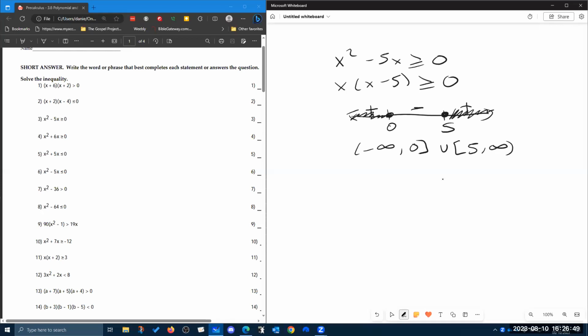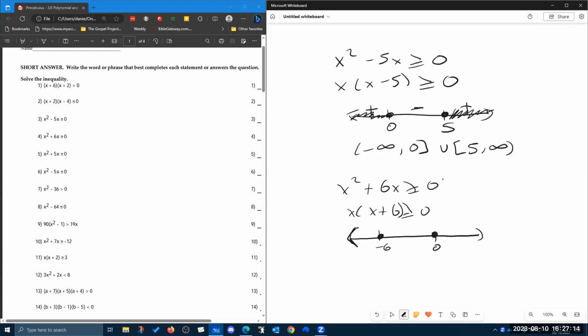Now let's try x squared plus 6x greater than or equal to 0. x times x plus 6 greater than or equal to 0. We'll have zeros at -6 and 0. They'll be included.